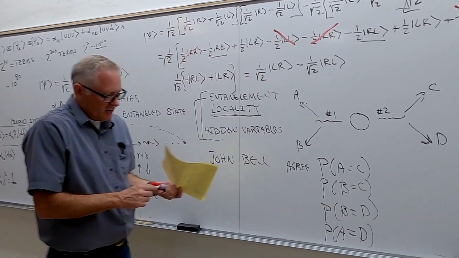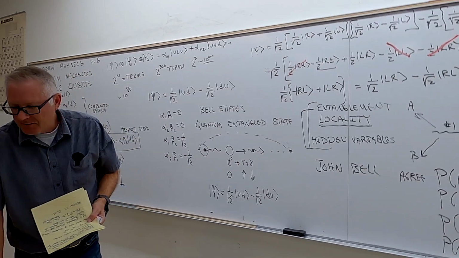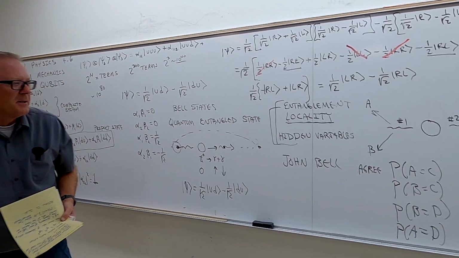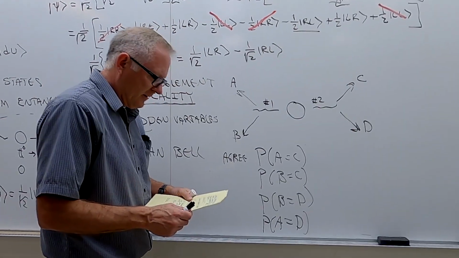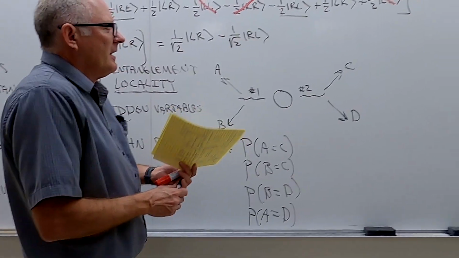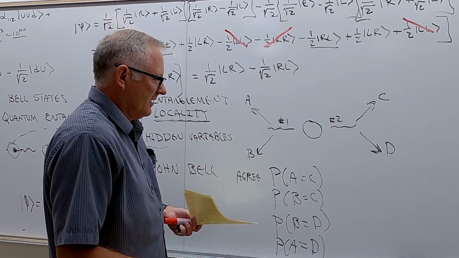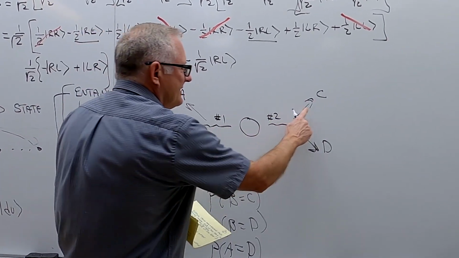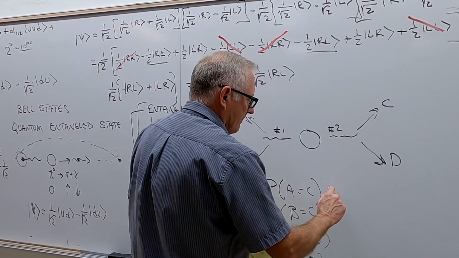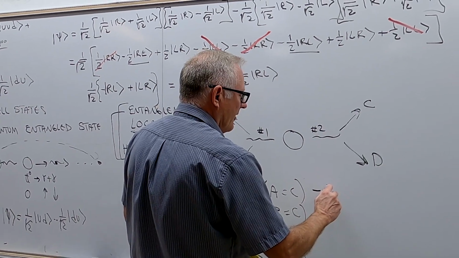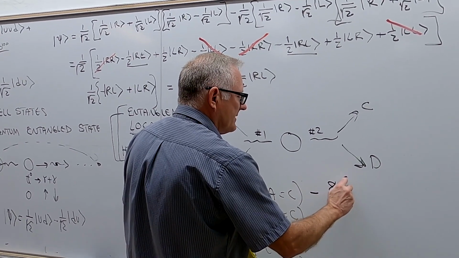Okay, so that's going to be your experiment. You're just going to try looking at probabilities for these 4 possible combinations right here. Now, let me just say, suppose that A and C agree, let's say 85% of the time. I'm just going to make that up.